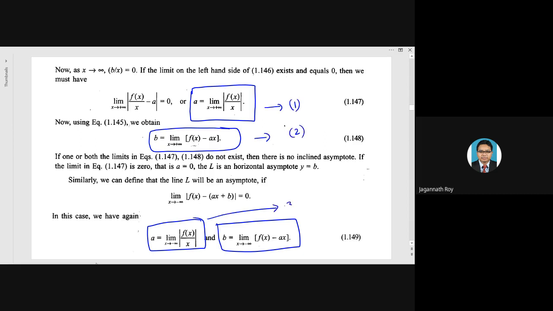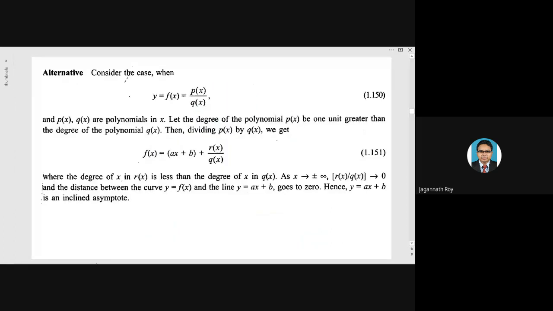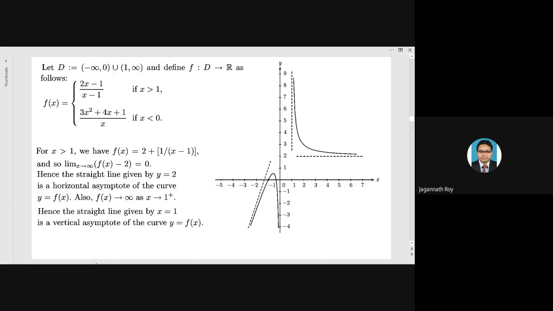If you find these 4 limits, then you can get the inclined asymptote. We will look at one example of how we actually find asymptotes. There is another alternative method, so we will discuss it later, maybe in the next class.